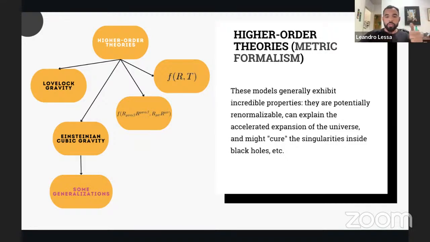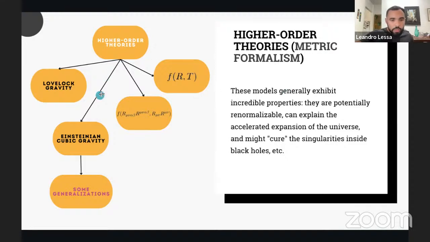It's a good property. Sometimes these models can explain the accelerated expansion of the universe. Probably this is the most famous property of these modifications. And in some theories you can cure the singularities inside black holes or in cosmology, at the beginning of time.